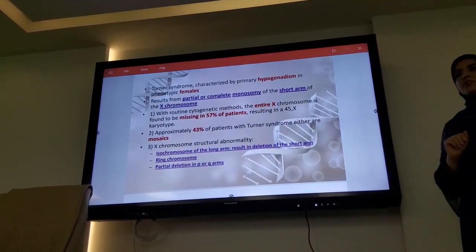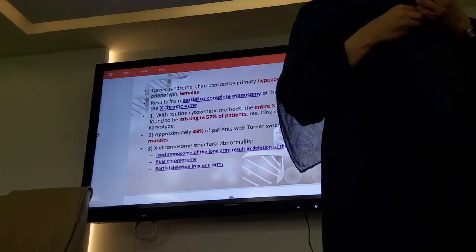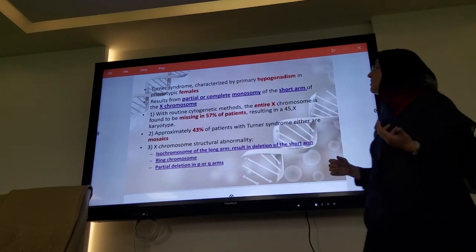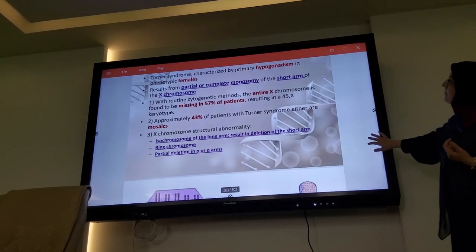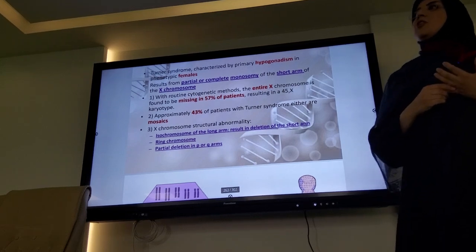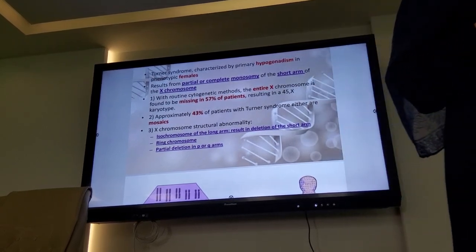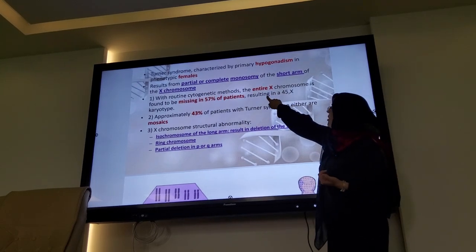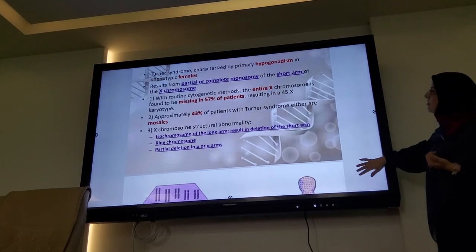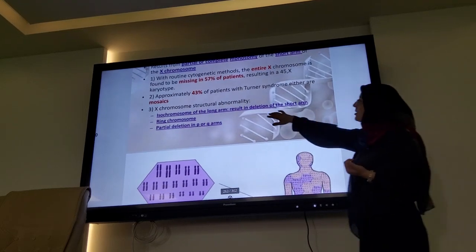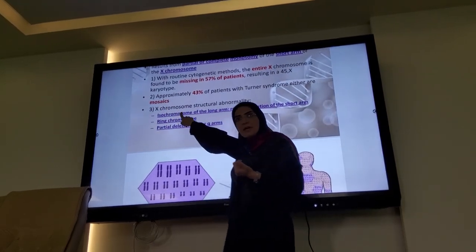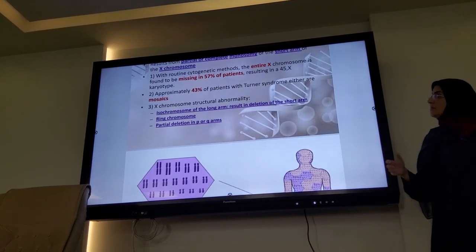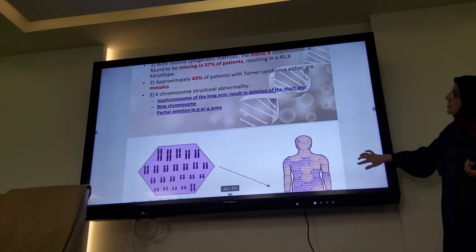Okay. Turner syndrome is one of the most common causes of infertility in females. Because of absence of one of the X chromosomes, XO, in one type the entire X is lost. Sometimes we have a mosaic pattern, where some of the cells are genotypically normal and some of them are abnormal XO.